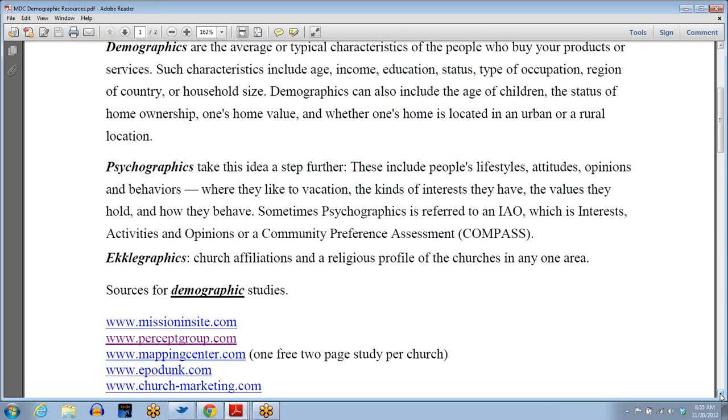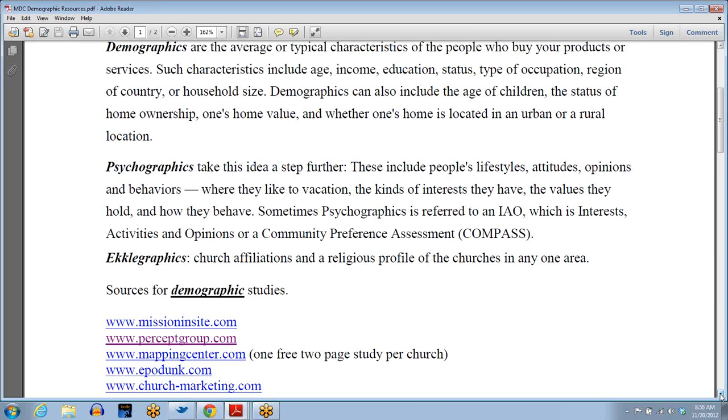I put here two different sources for you: the IAO, which is Interest, Activities, and Opinions, or the Compass, which is Community Preference Assessment. Both of those resources you can Google and find and read through to give you information, or you can use one of the two paid sites that are below.